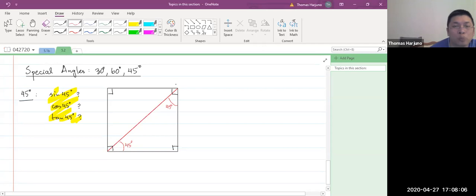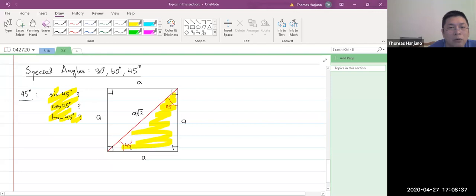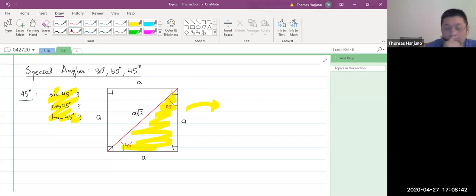Now suppose the sides of this square are all A: A here, A here, A here, A here. Then by Pythagorean theorem, you will see the hypotenuse, the diagonal of this square, is A square root of 2. Now, let me take this triangle out so that we can focus on that right triangle.